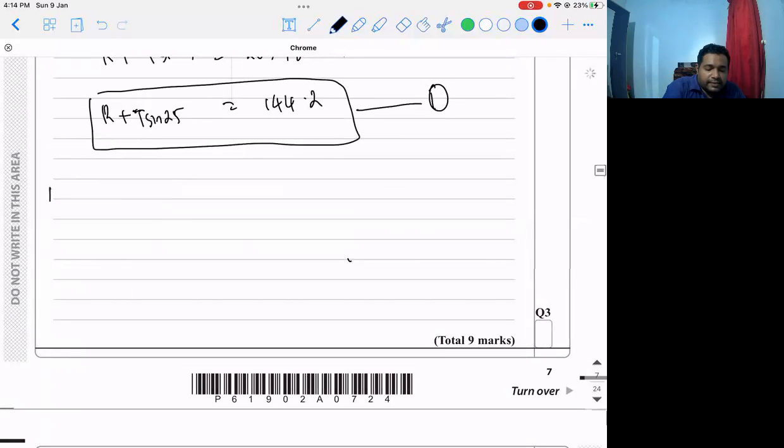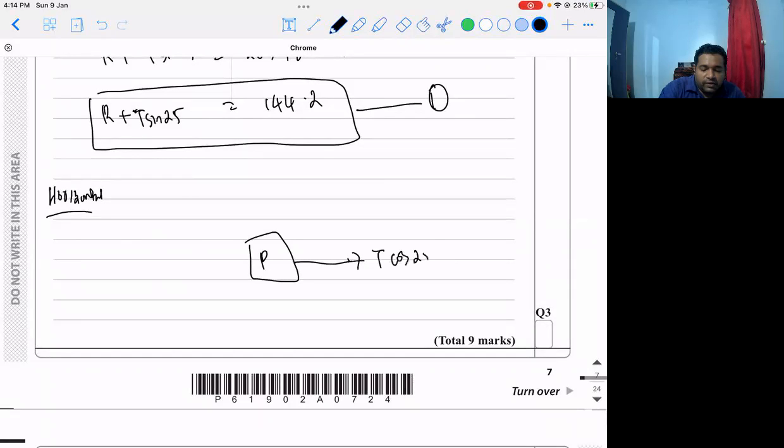And then we'll consider once again the horizontal part. In this horizontal part, this is particle P. Here this T cos 25 is acting in this fashion. Here 200 cos 15 is acting in this fashion. And we just assume 200 cos 15 is the direction in which the particle is moving horizontally. So in that case, the friction is opposite to the motion, and friction is equal to what? Mu times normal reaction.